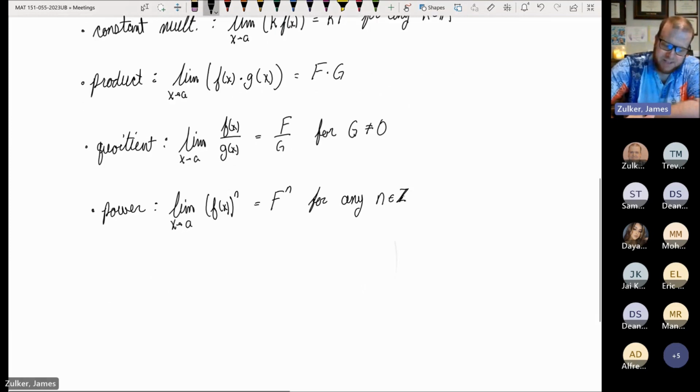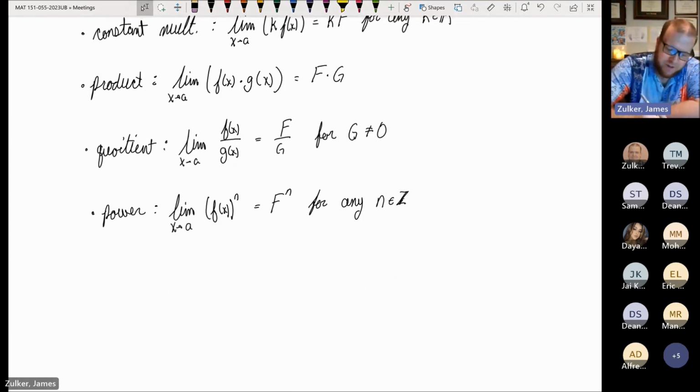And so sometimes you're going to see a power of a function also written this way. And so they just mean the same thing.